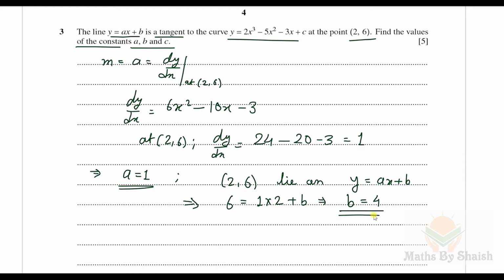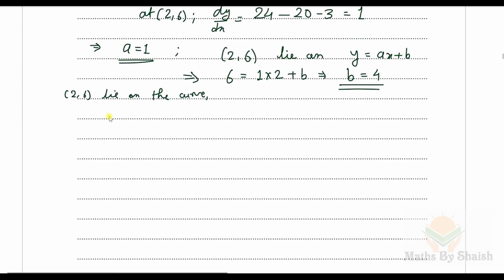Now let's find out how to get the value of c. From here we can see y is this curve, and since this is a point on the curve, it will also satisfy the curve as well. So moreover we'll write again (2, 6) lies on the curve as well.